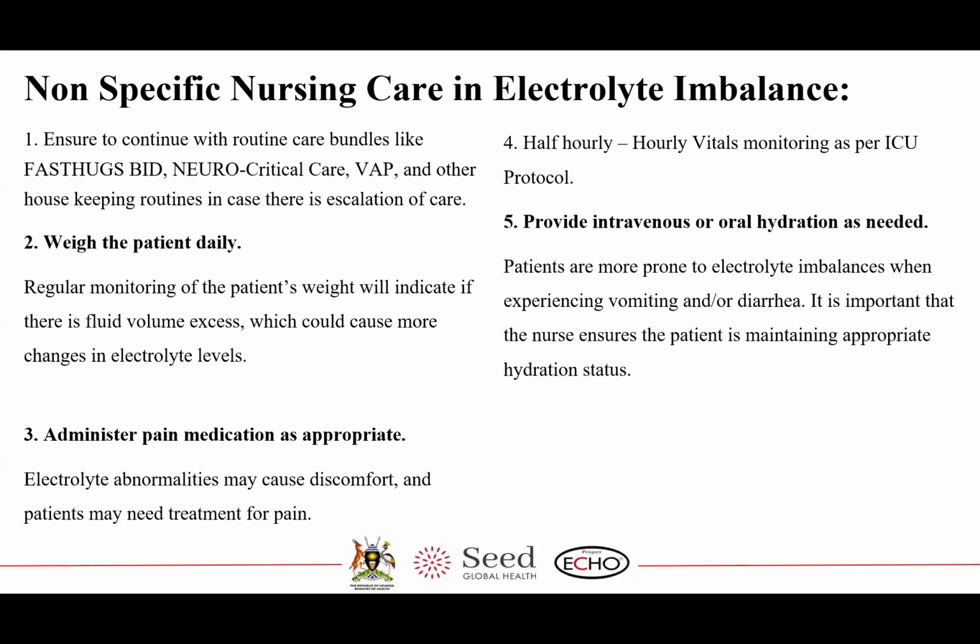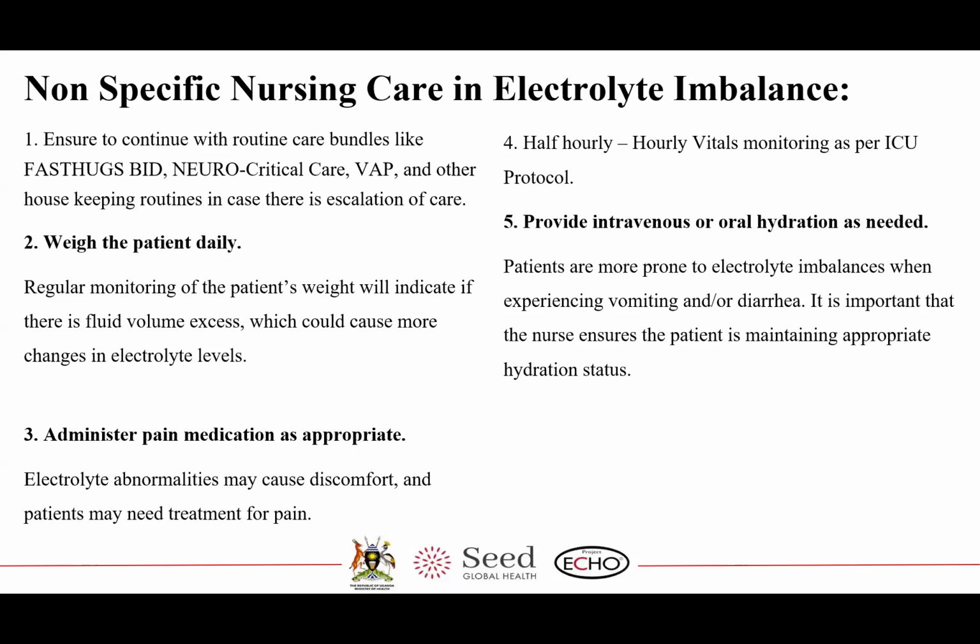So you will have to do weighing of this patient on a daily basis. For a patient where you're losing fluids or you're giving fluids, you have to ensure that you monitor weight of the patient to either tell how much your patient is losing or to help you know how much your patient is gaining in some of the certain other electrolyte imbalances, as we shall see.